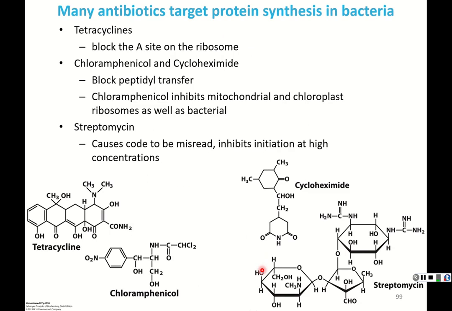Not surprisingly, many antibiotics target protein synthesis in bacteria. Things like tetracyclines block the A site on the bacterial ribosome. Chloramphenicol is a common antibiotic, at least one that's commonly used in the laboratory. These block the peptide transfer on the ribosome.